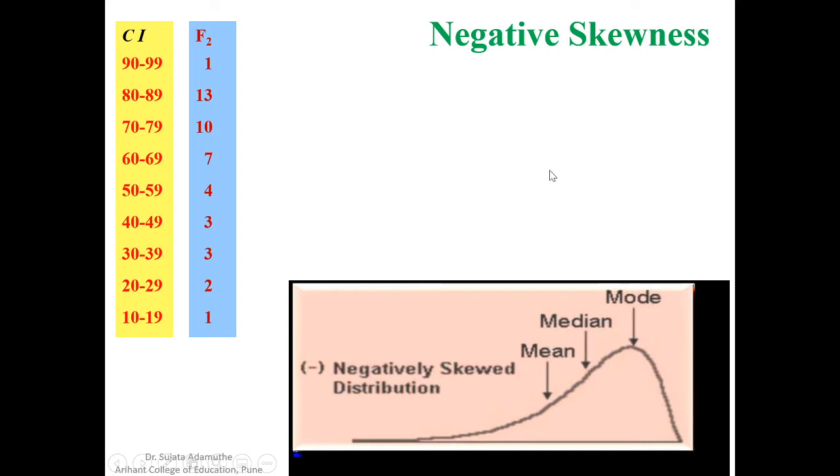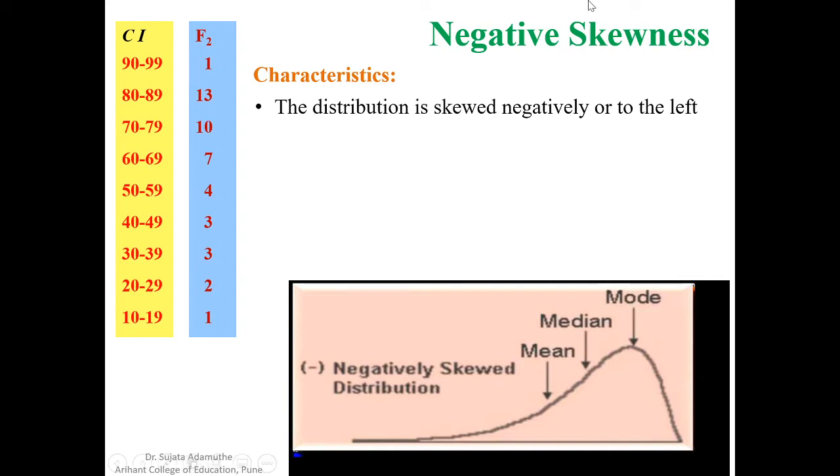We will see the characteristics of negative skewness now. The first characteristic is that the distribution is skewed negatively, or to the left side. This is the left side of the curve, and the distribution is skewed on the negative side, so this curve is called a negative skewness curve, and the distribution is called negatively skewed.